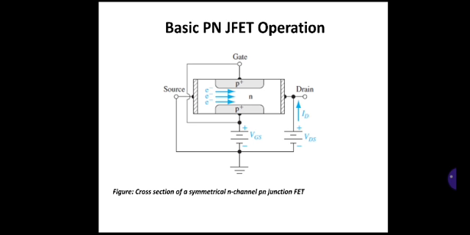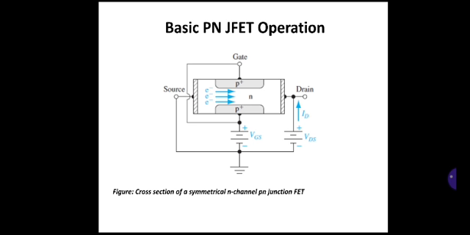You can observe both the gates are connected. So they are tied together to form a single gate connection. So actually a JFET has 4 terminals, out of which 2 terminals, the gate terminals, are tied together to form a single gate connection.